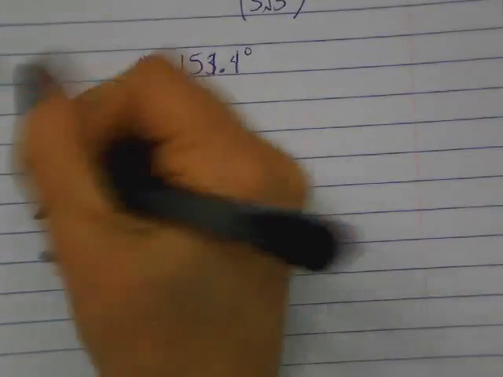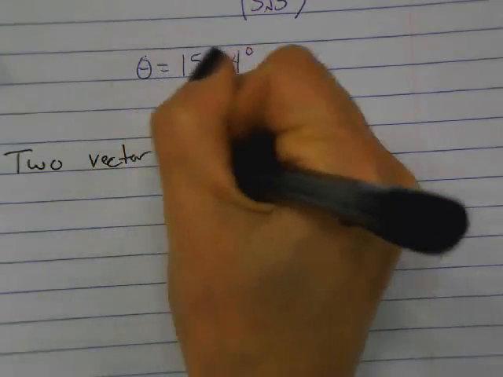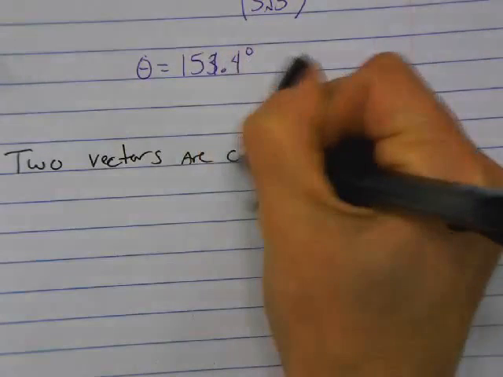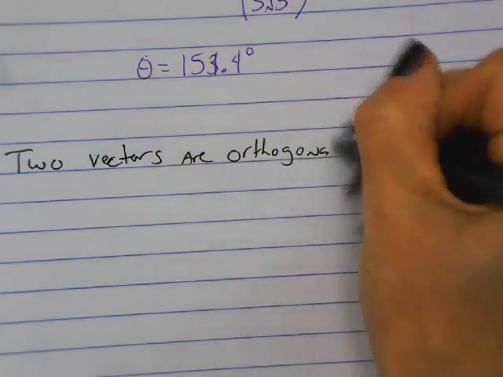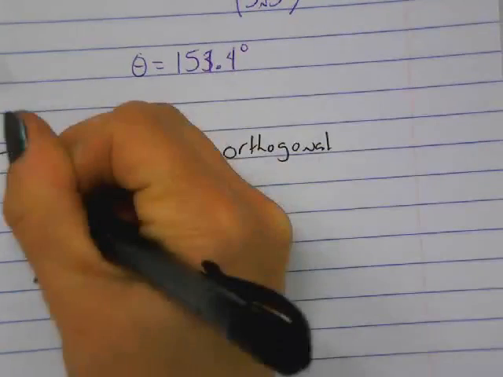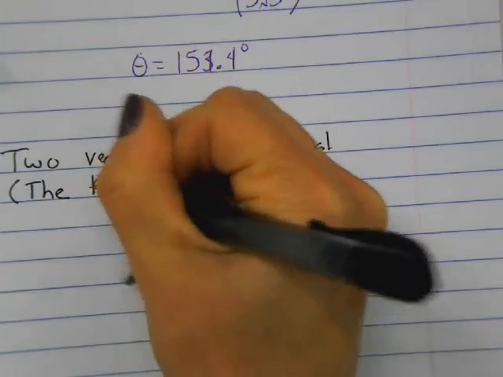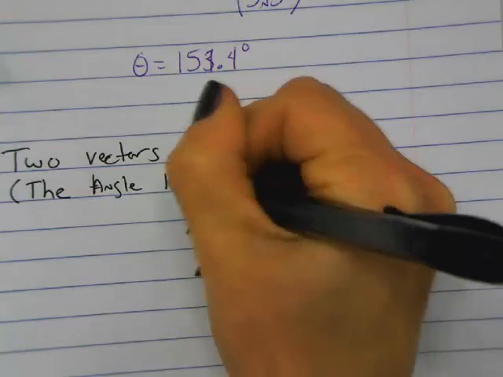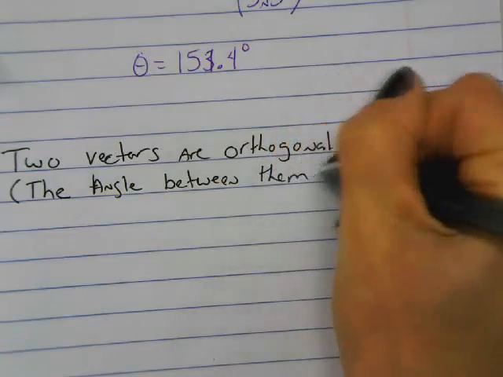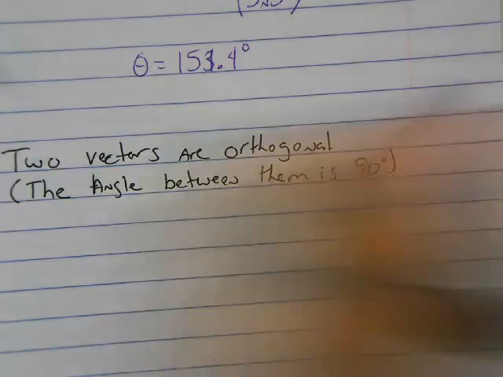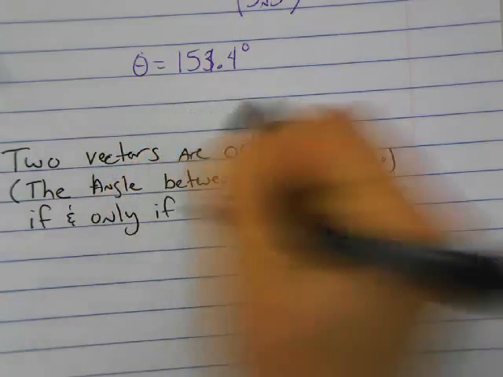Two vectors are orthogonal, in other words the angle between them is 90, if and only if v dot w equals 0.